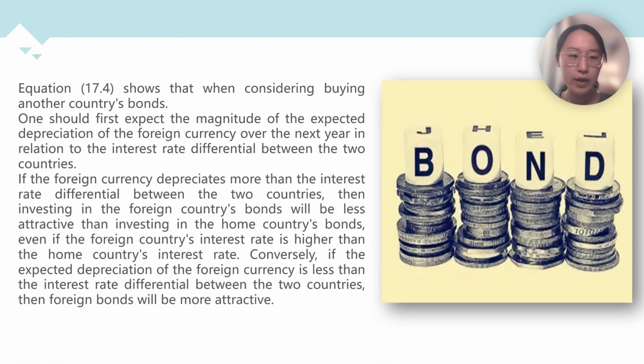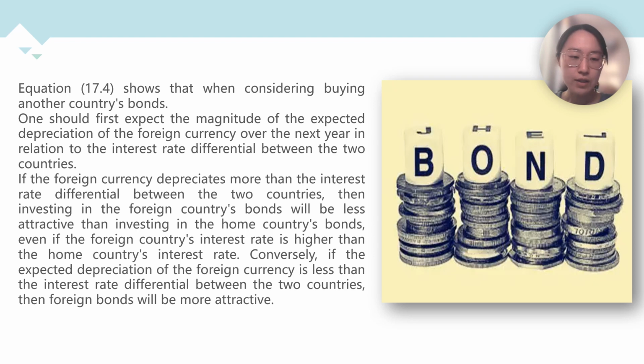Equation 17.4 shows that when considering buying another country's bonds, one should first consider the magnitude of the expected depreciation of the foreign currency over the next year in relation to the interest rate differential between the two countries.